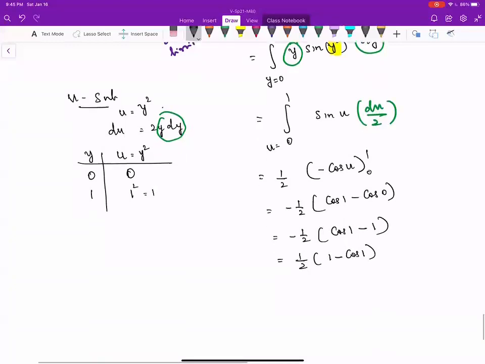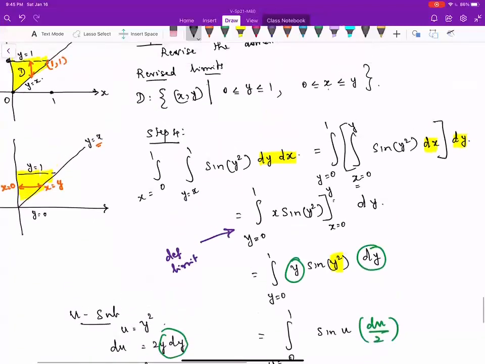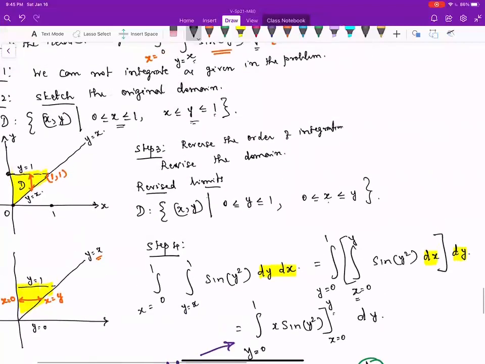So that is the value of the integral, even though we were not able to integrate if we had kept the limits as it was given in the problem. But by reversing the order of integration, we were finally able to integrate.